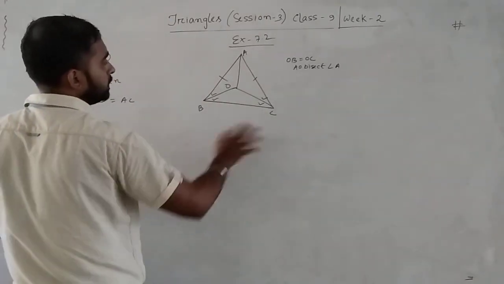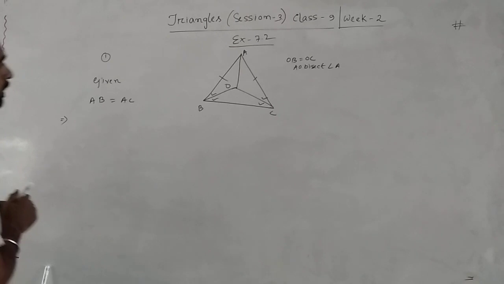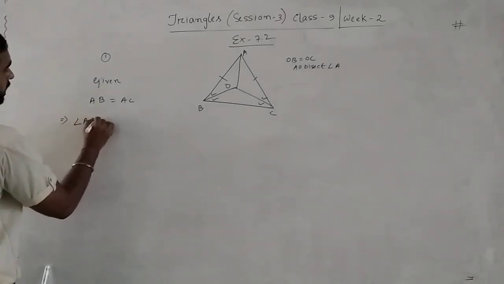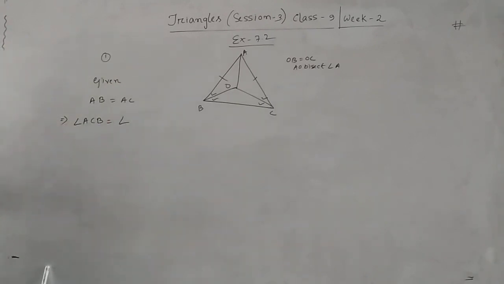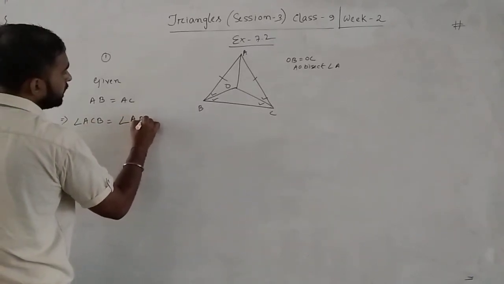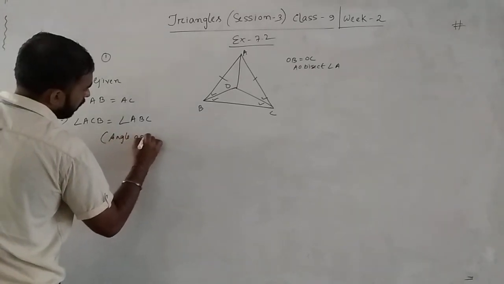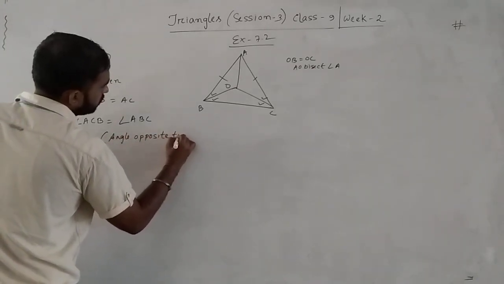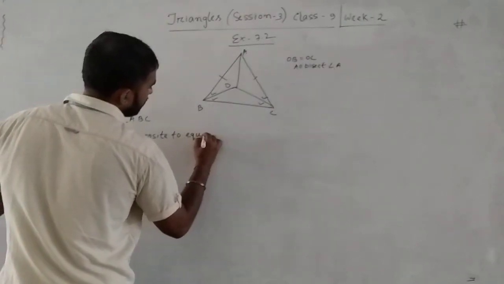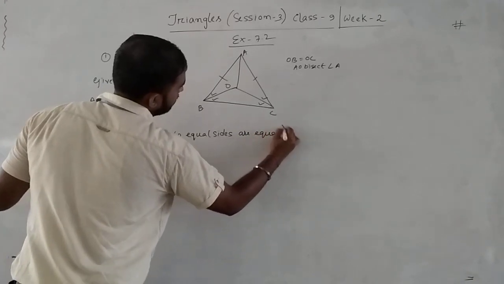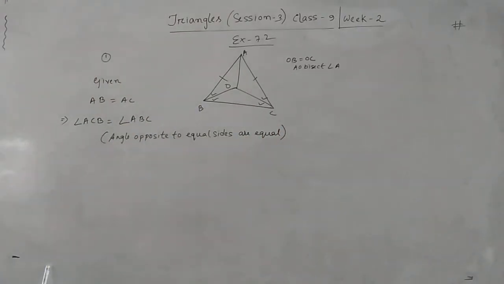So here the same thing will be applied. AB equal to AC, then what is the angle opposite to the side AB? That is angle ACB. And what is the angle opposite to side AC? That is ABC. Reason: angles opposite to equal sides are equal.